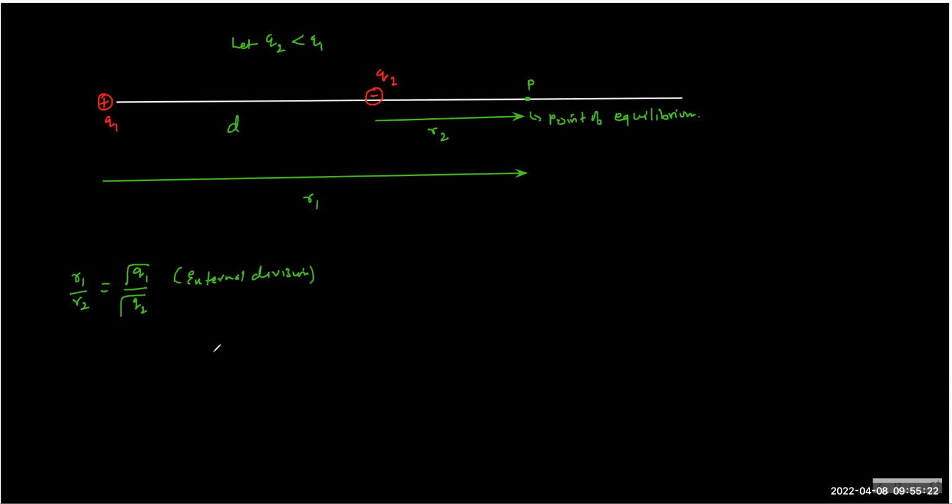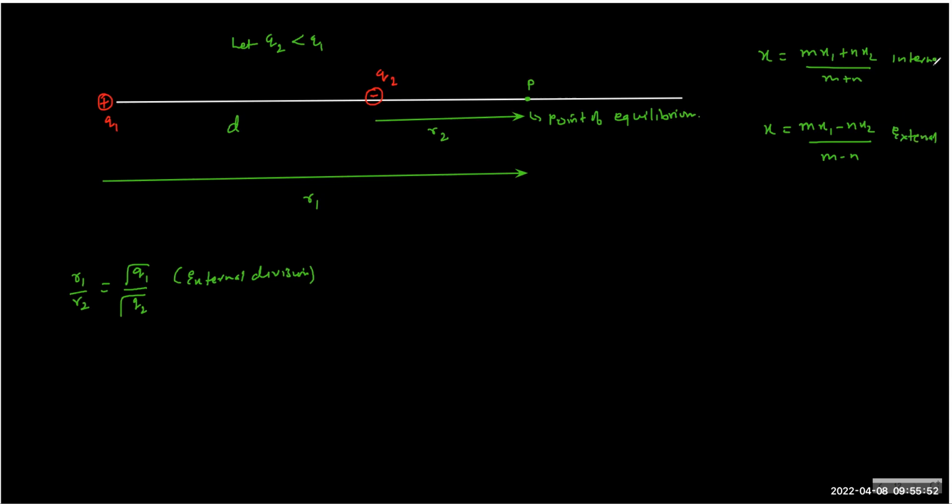So you can directly find the answer with the division formula. If you remember, the division formula is mx1 plus nx2 by m plus n if it is for internal, and let's say you divide it in m is to n ratio, for external x will be mx1 minus nx2 by m minus n.